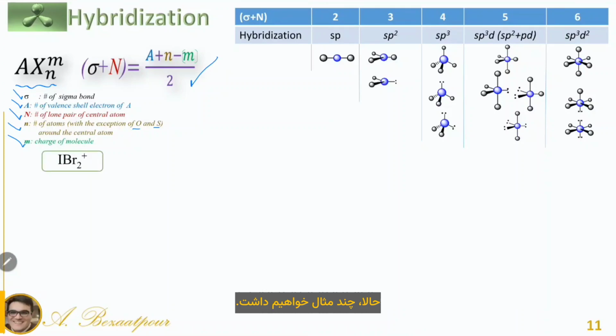Now we will have some examples, IBr2+ and SF4.